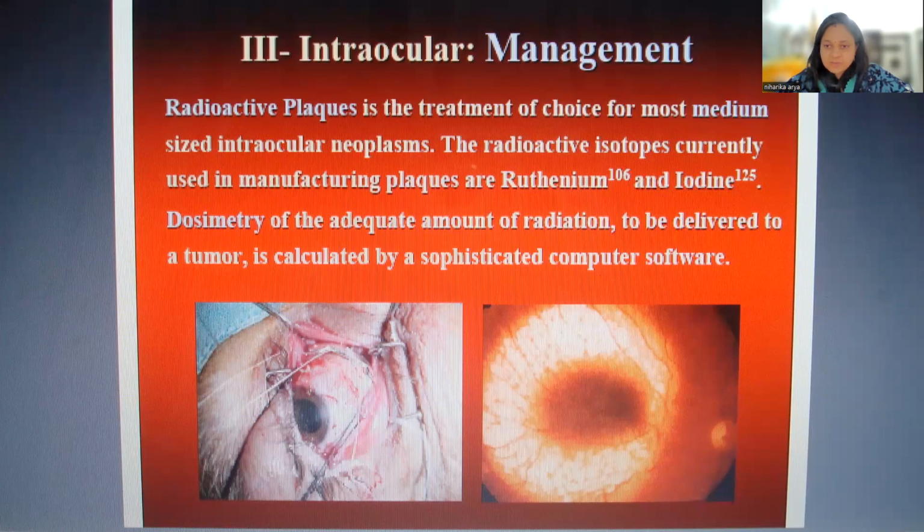The radioactive isotopes currently used in manufacturing plaques are ruthenium and iodine 125. Dosimetry of the adequate amount of radiation to be delivered to a tumor is calculated by sophisticated computer software. So this is the radioactive plaque.